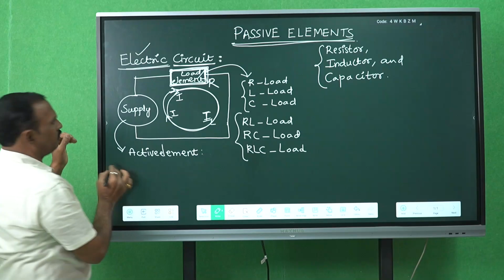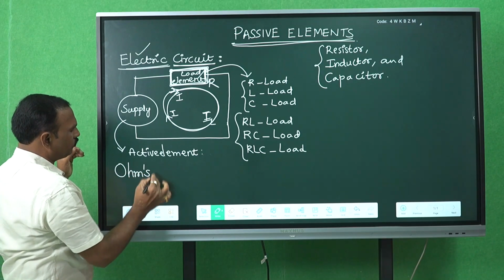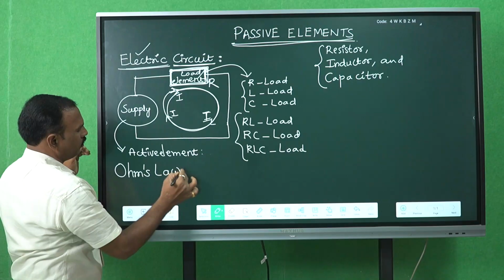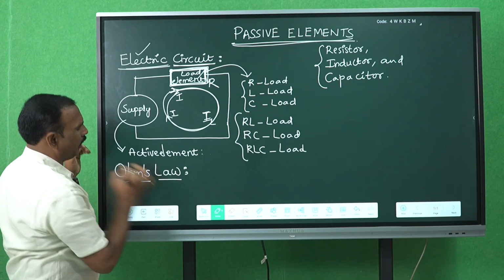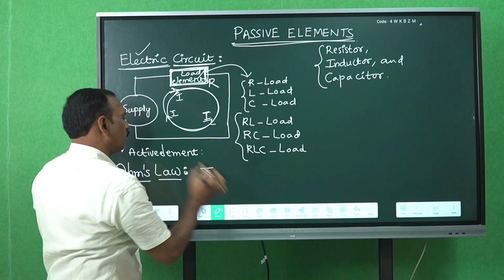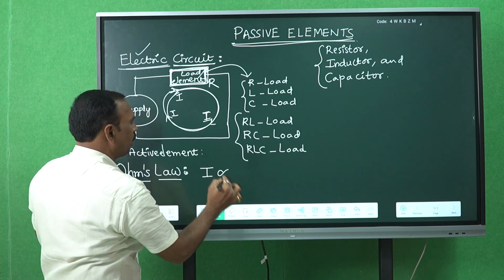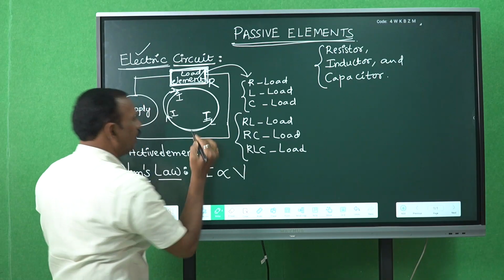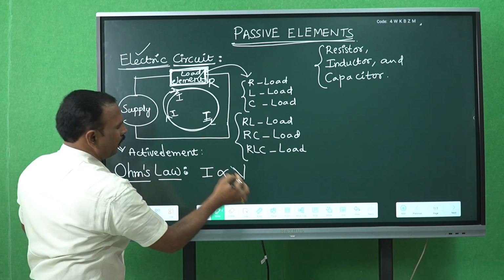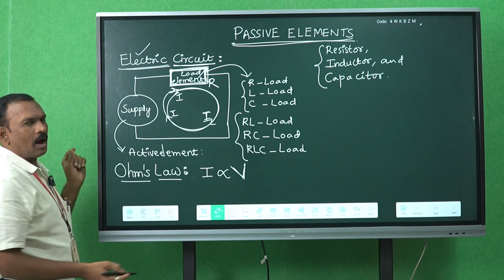Now the next one is Ohm's law. Ohm's law states that the current passing through the element is directly proportional to the applied voltage.